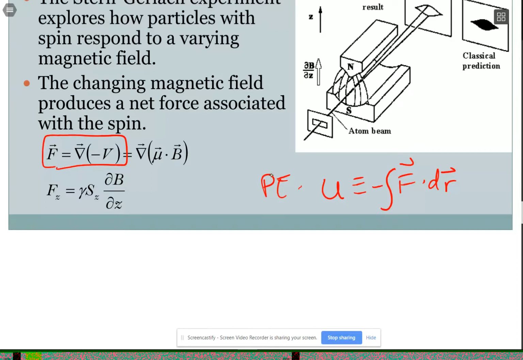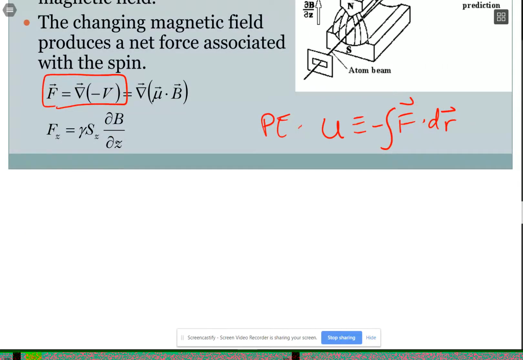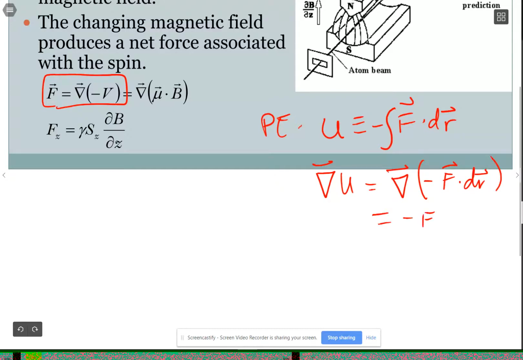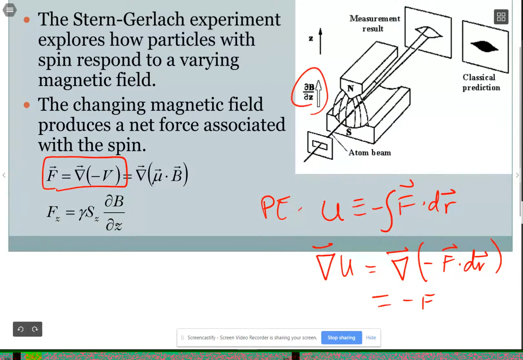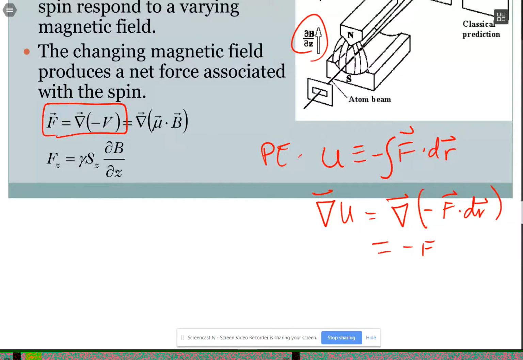Since that's the definition of potential, you use the fundamental theorem of calculus: you take the inverse of the integral, which is the derivative, and since it's three-dimensional, you use the gradient. That's where it comes from. That's why you need a changing magnetic field, so that you have a gradient in the potential. The force is proportional to that gradient.